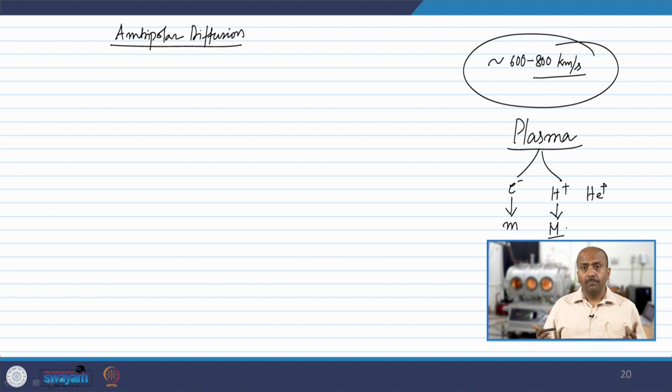Now, when these particles were thrown out into the space, the mechanism must not have differentiated between these masses. So, both of them have been through the same process by which they got the energy and left the gravitational pull of the sun. And more importantly, if you give an amount of energy to a particle, the kinetic energy of the particle or the velocity with which the particle will move, taking that energy, will obviously depend on the mass, because the kinetic energy is half mv square.